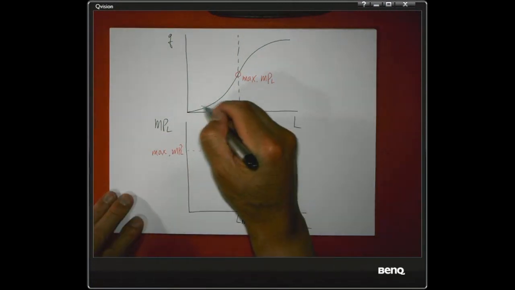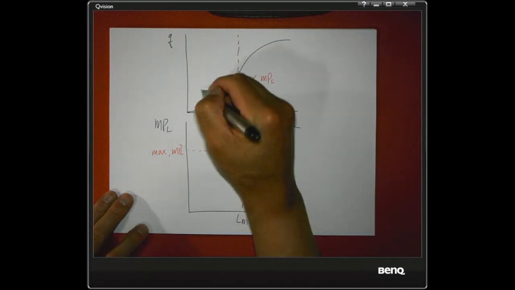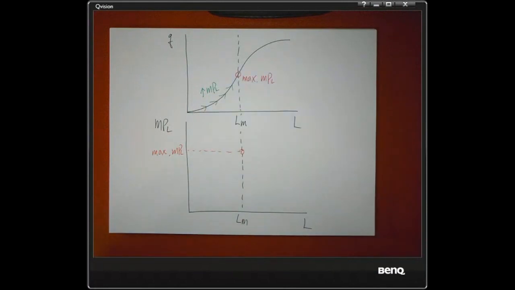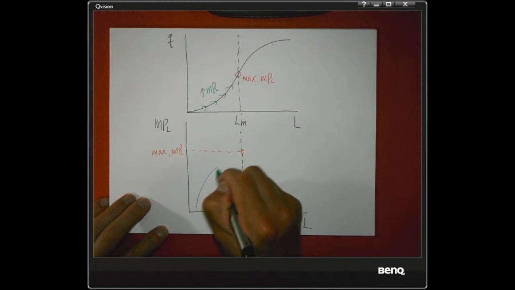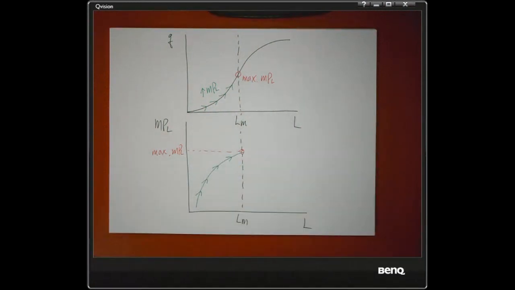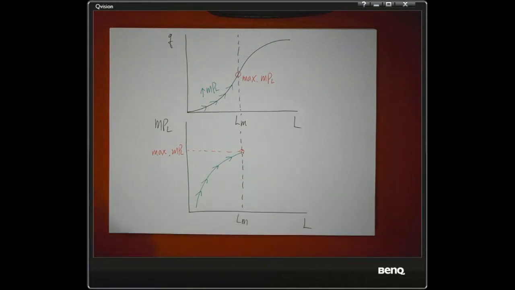And to the left, as we hire more and more workers, the marginal product of labor is rising, is increasing, which is like this. And then it reaches the maximum.